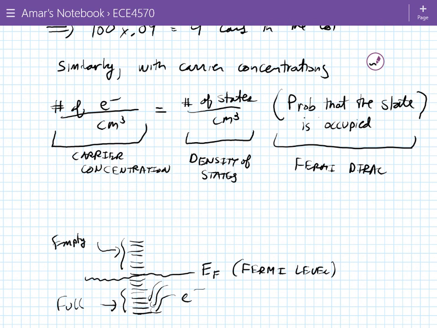Carrier concentration is equal to the density of states multiplied by the probability that the state is full. The units for density of states is number of states per centimeter cubed. You're multiplying that by a unitless amount. And so the units that you get here is the number of electrons per centimeter cubed. Or if you're talking about holes, the number of holes per centimeter cubed.